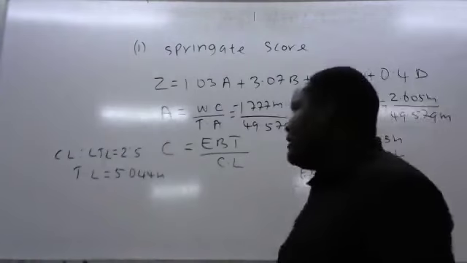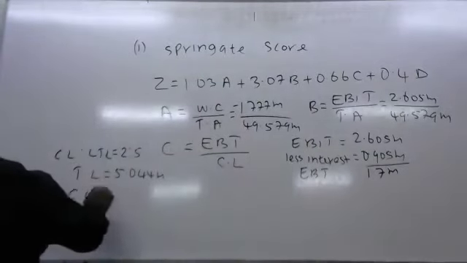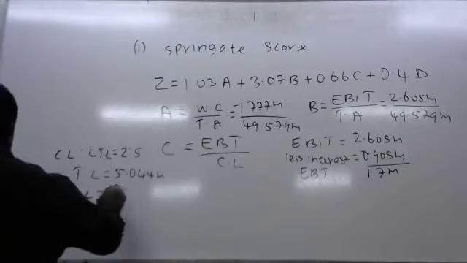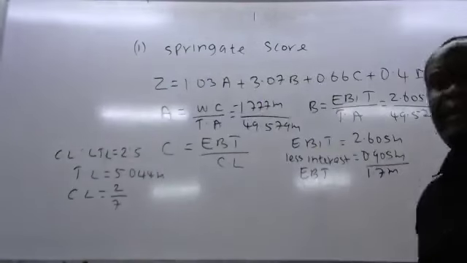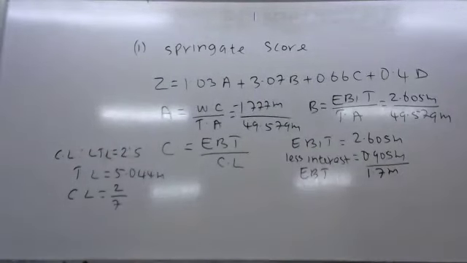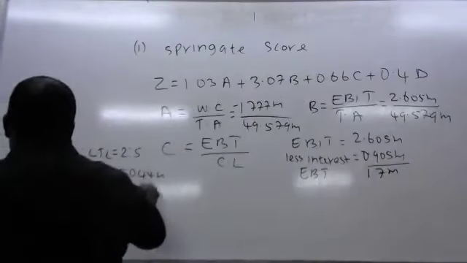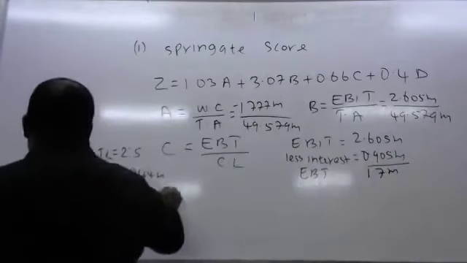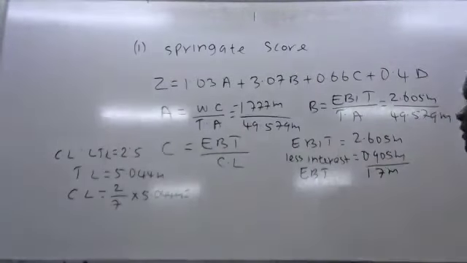So we want to get the current liability from that ratio. You simply take 2 divided by 7 because it is 2 plus 5. So the current liability will be the proportion of 2/7 multiplied by 5.044 million.